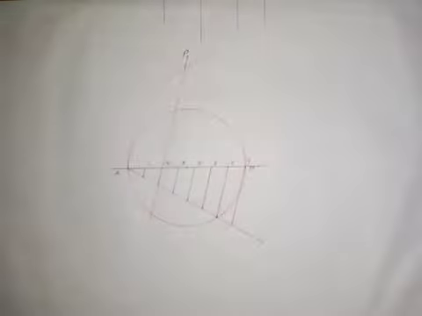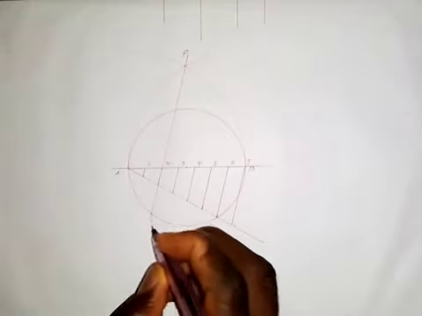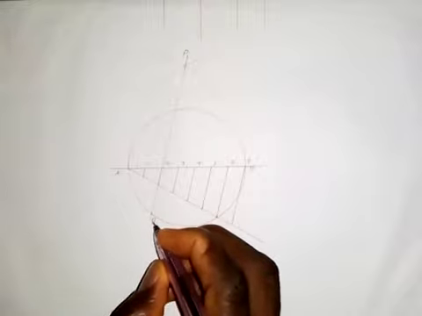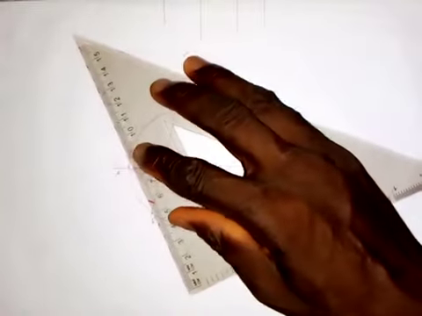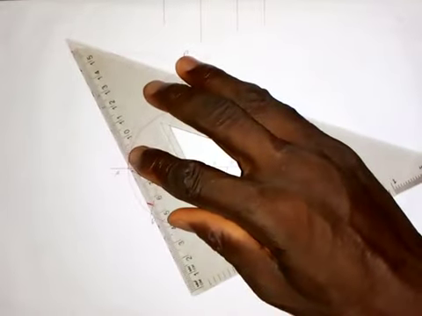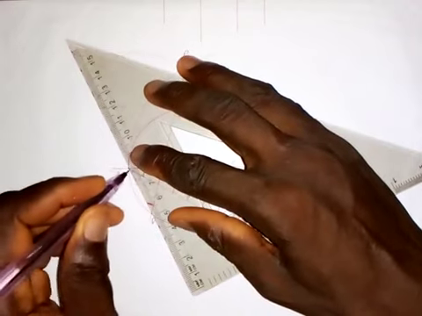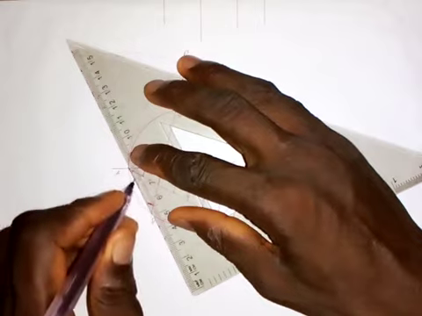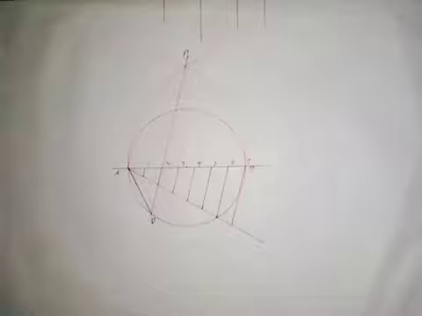I'll call it point D. The next thing I'm going to do is to join AD together with a straight line like this. So this line AD is the side of the heptagon. So it's the first side.